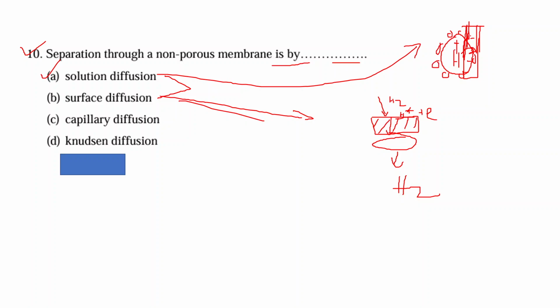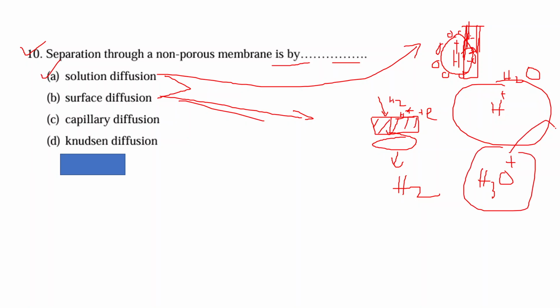The ion will hop in the hydrated condition, because a dry membrane cannot allow H plus from one side to another side. This is important. Hydrated condition means the H plus ion is surrounded by H2O molecules, the hydronium ion, H3O plus condition, and the ion will transport from one side to another side.